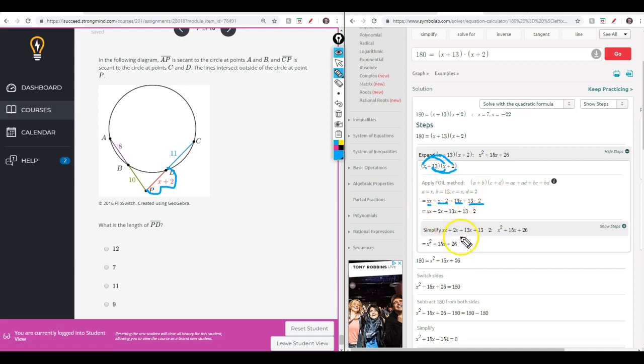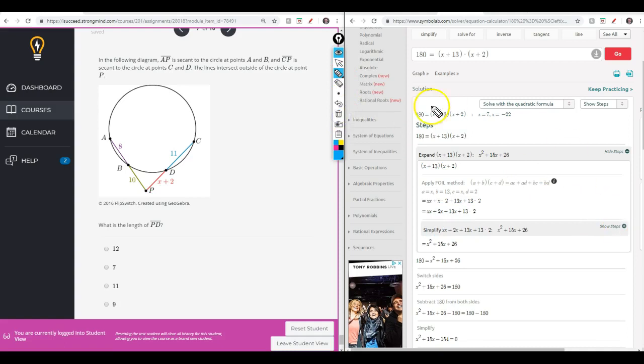So then x times x is x squared. 2x plus 13x, since they are both like terms because they both have x's on them, they add together. 2 plus 13 is 15, so we have a total of 15x. And then 13 times 2 is 26.